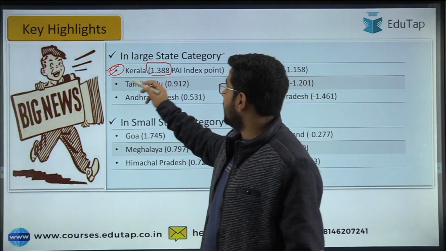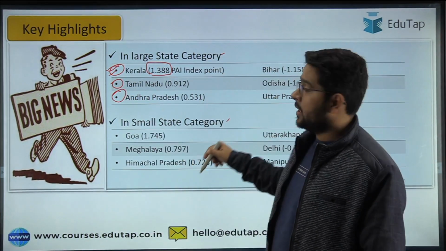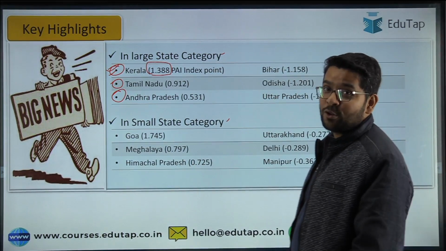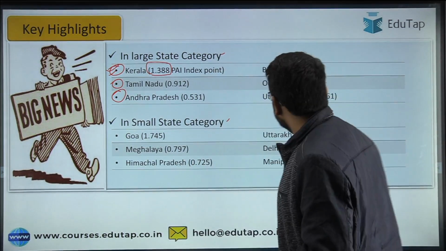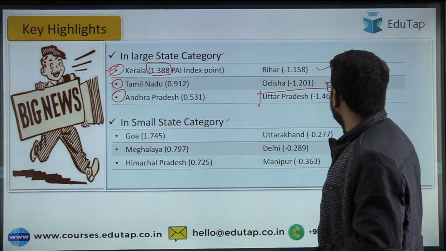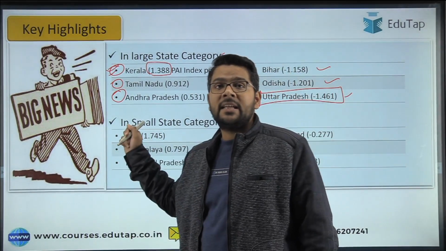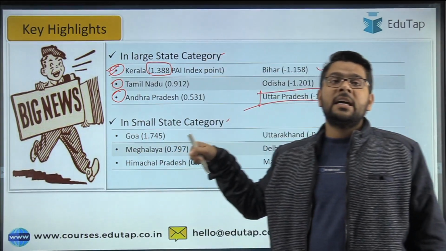The answer is Kerala. Then the second best performing is Tamil Nadu, and the third best performing is Andhra Pradesh. Then if there are best, there are also worst performing. So guys, Bihar, Odisha and Uttar Pradesh are the worst performing, with Uttar Pradesh at the bottom with a score of -1.461. So these are the rankings in the large state category based on governance.